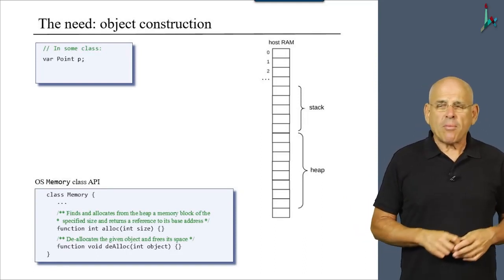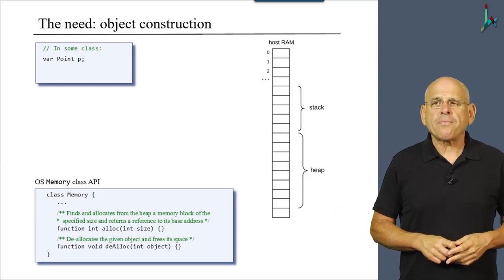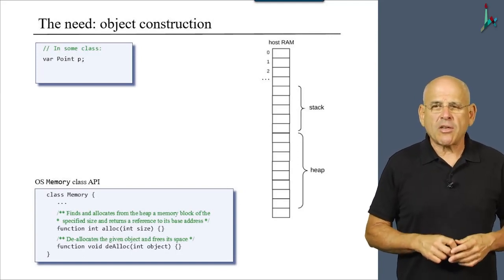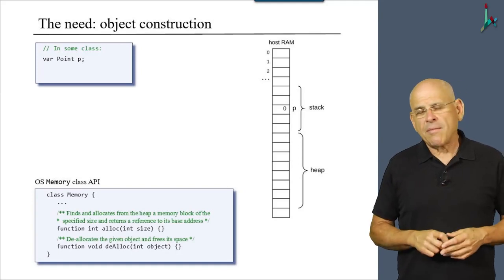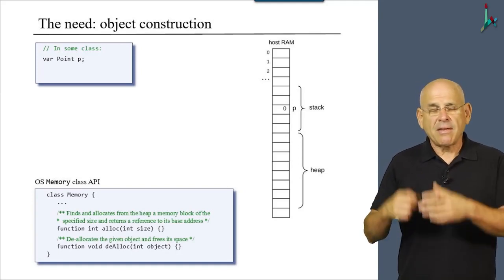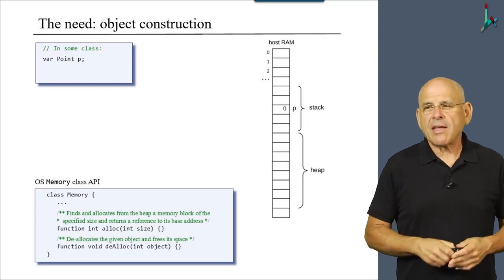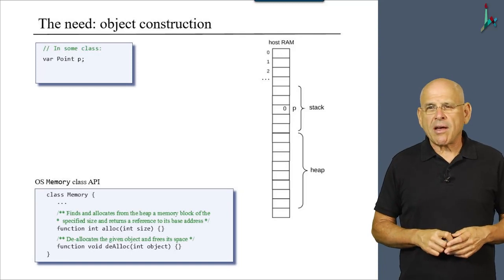So the high-level programmer begins by creating some object variable. Let's say that it's an object of type point. And in response, what will happen is that a variable will be allocated somewhere on the stack, and the label P will be associated with this variable.